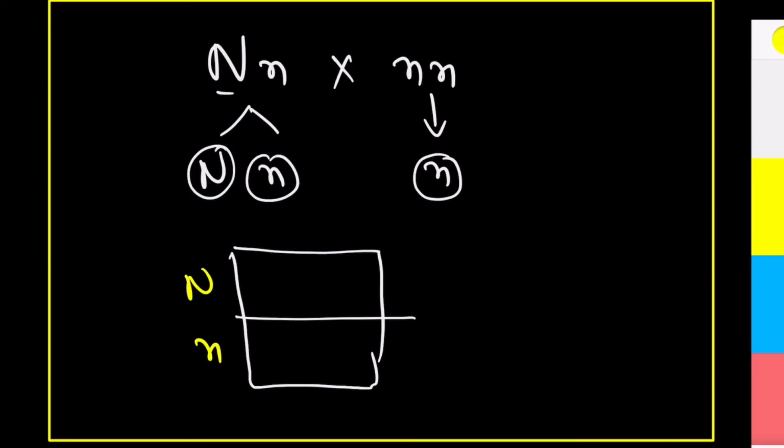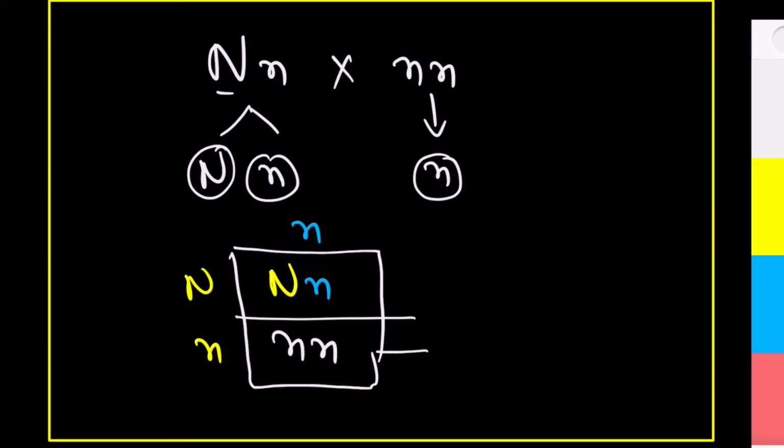So here it is capital N, small n, and here you are going to take small n, then small n, small n.